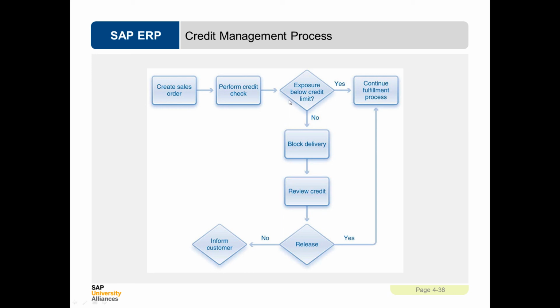The point is that this credit check cannot just be a single event in the fulfillment process. It must occur at multiple stages in the fulfillment process. And in fact, in most organizations, it does occur at several stages in the fulfillment process.